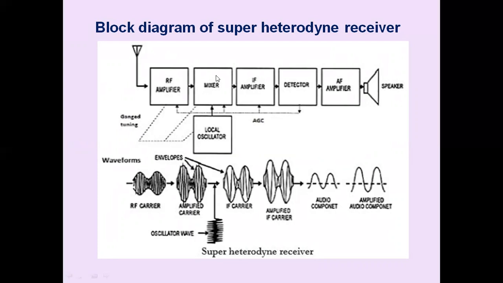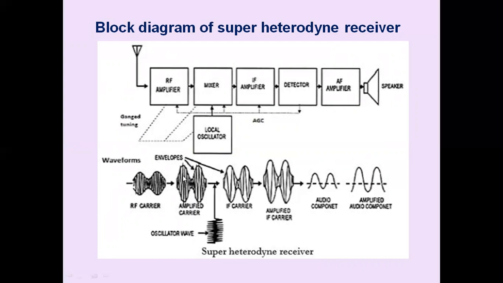Then it is mixed with the local oscillator signal. This amplified RF signal is mixed with the local oscillator signal. So we are getting the difference between this oscillator signal and this incoming signal. F0 minus Fs, we get Fi, the intermediate frequency.